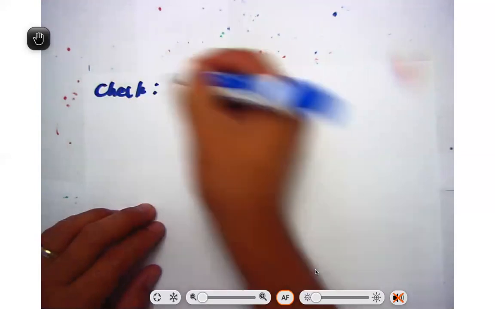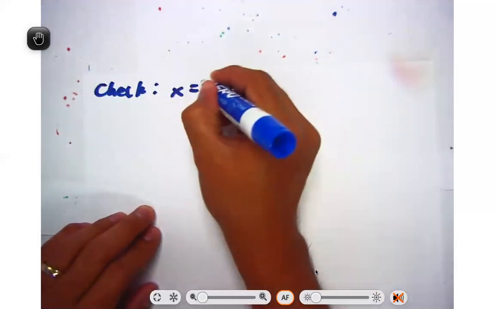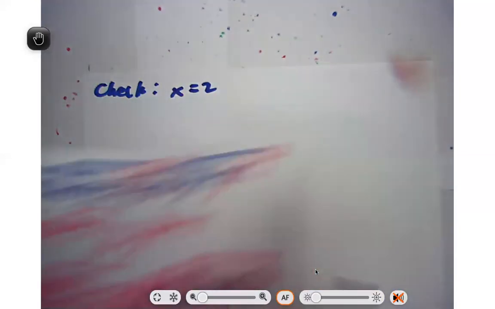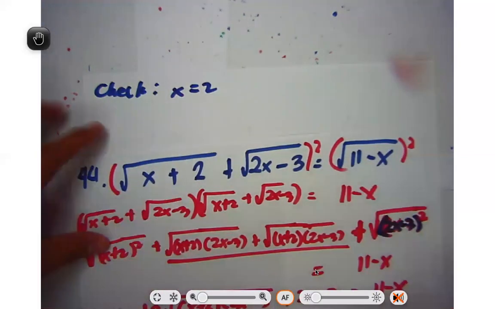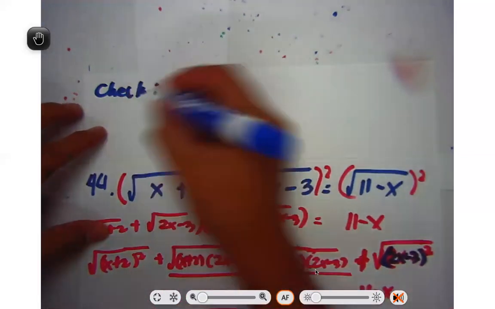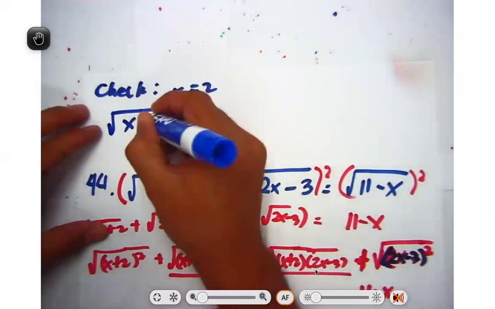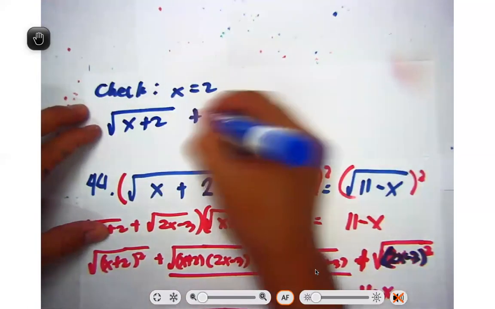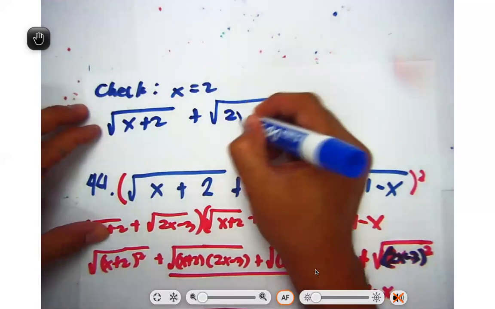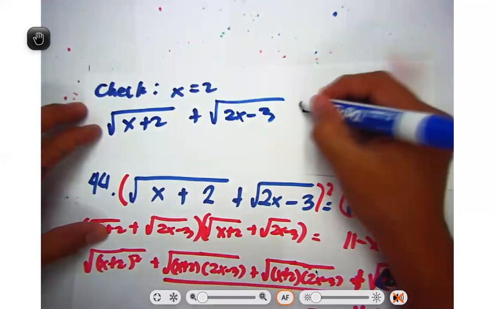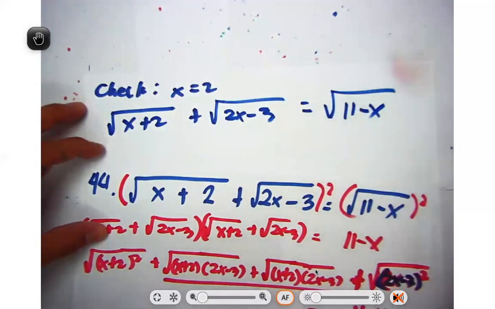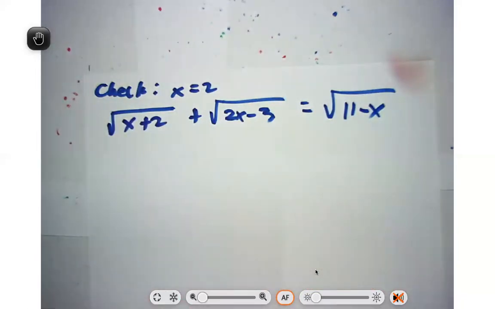Let us check. X equals 2. The original equation, all right, let's go to the original equation. It's this. Square root of x plus 2 plus the square root of 2x minus 3 equals the square root of 11 minus x. So let's plug in 2.